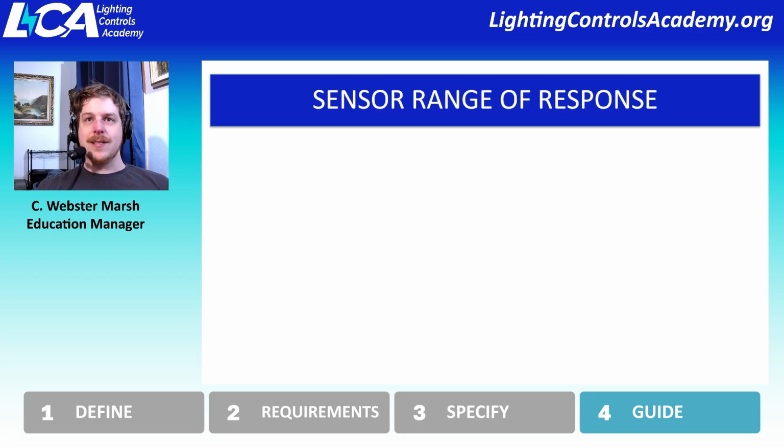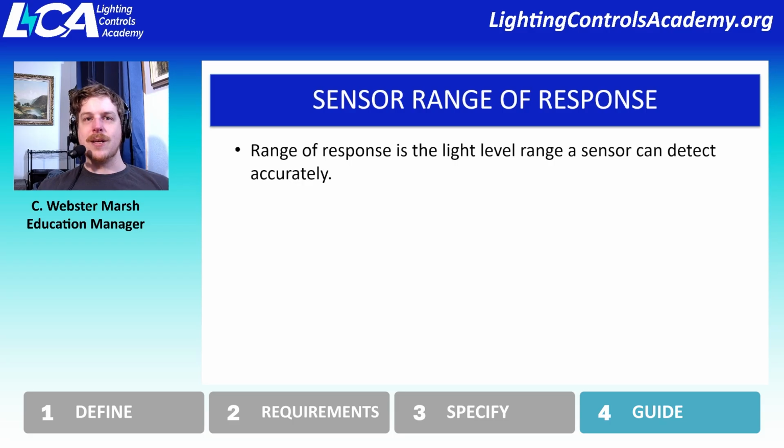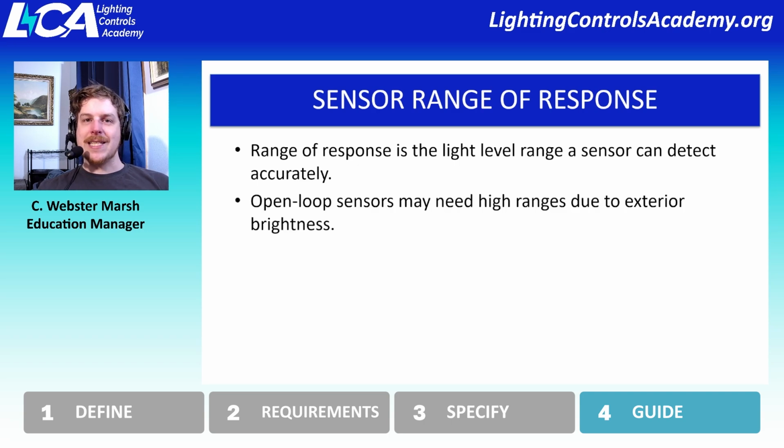The very first thing is its range of response, and what I mean by that is how much light it can respond to within a specific range. For example, open loop sensors tend to have high ranges because they're trying to detect between 0-foot candles and 10,000-foot candles, depending on whether the sun is directly in view or behind clouds or just rising or setting.